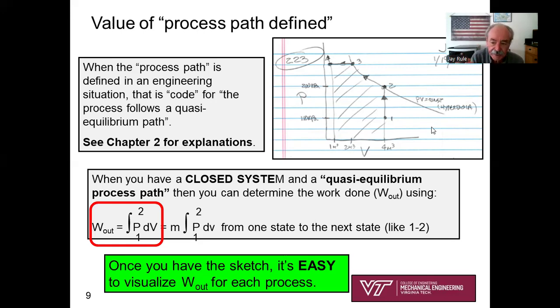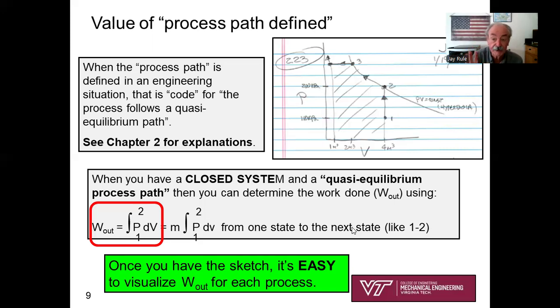Once you have that, for each of those, you go to your textbook and say, we have derived that the work out for a closed system, quasi-equilibrium process is the integral from state 1 to state 2, or any states, of PdV. So that's something that you really, really need to understand.